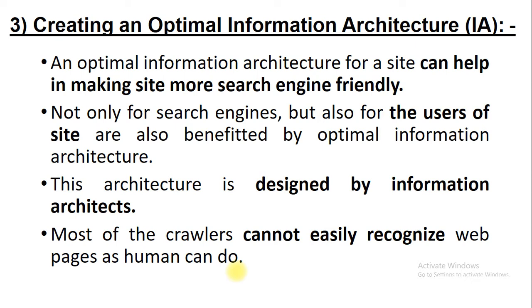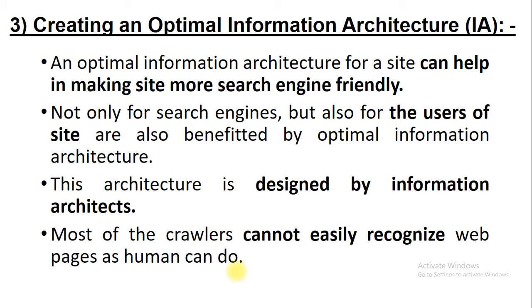Now the second point: not only the search engine, but also the users of the site are benefited by an optimal information architecture. That means one advantage of creating information architecture is for the search engine, but that is the first advantage. What is the second advantage?